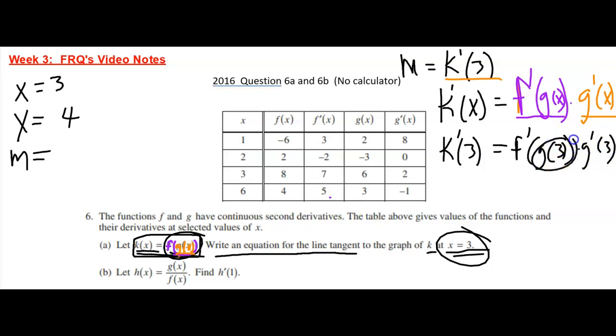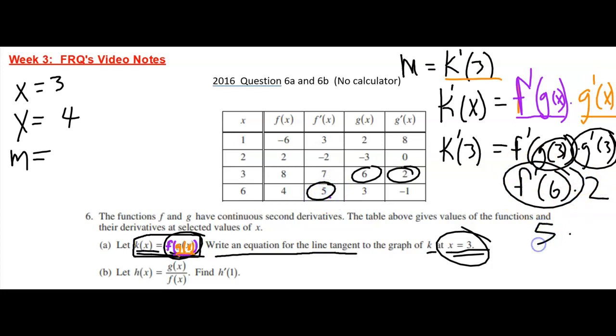All right, so g of 3 is equal to 6. g prime of 3 is equal to 2. And f prime of 6 is equal to 5. So I'm left with 5 times 2, which is 10. So my slope, which is found by finding the derivative of k and plugging in 3, is 10.